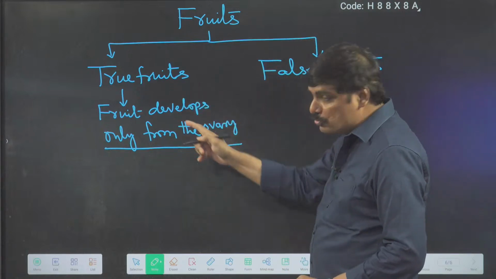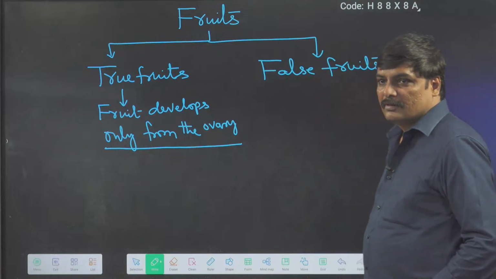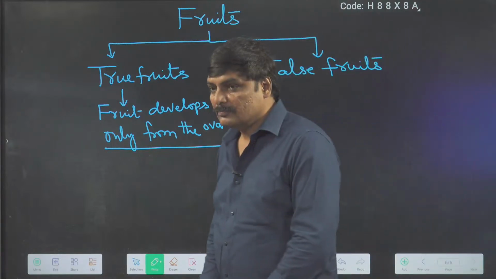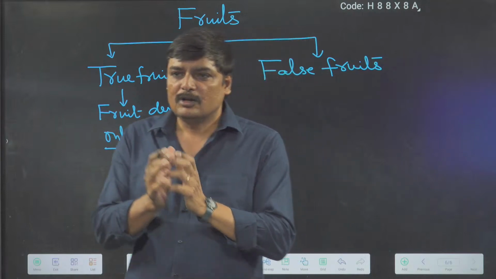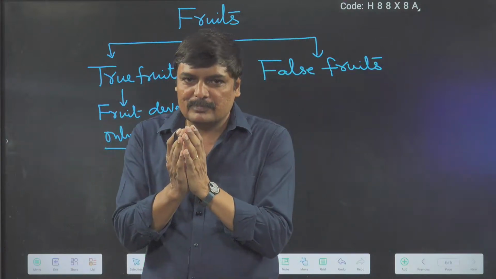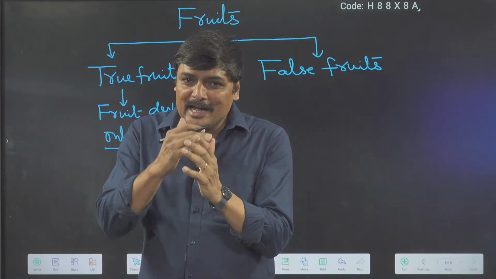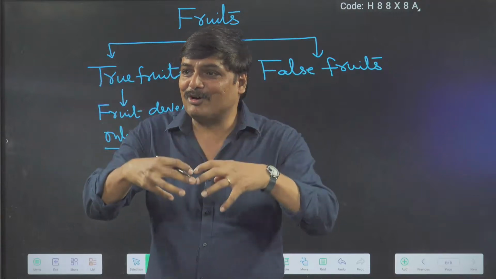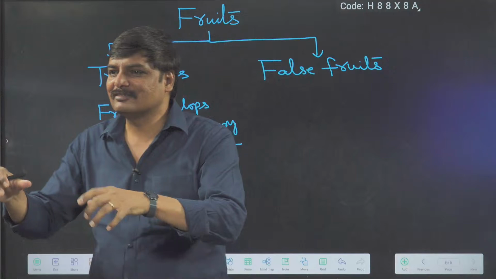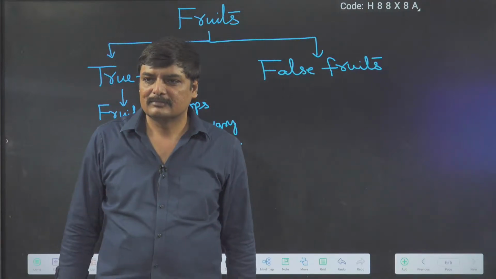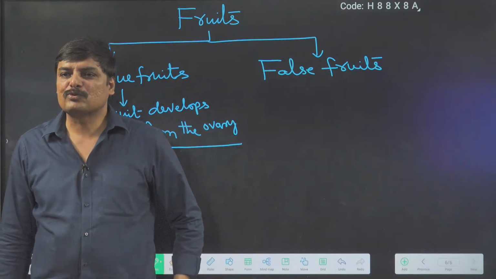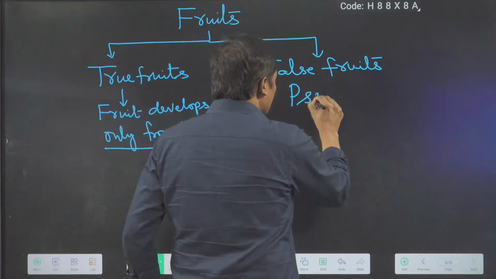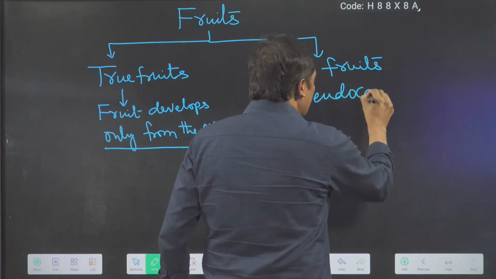Later we discuss about true fruits. Okay. What is false fruit? The fruit which developed from any other part of the flower along with the ovary is called false fruit, also called pseudocarp.